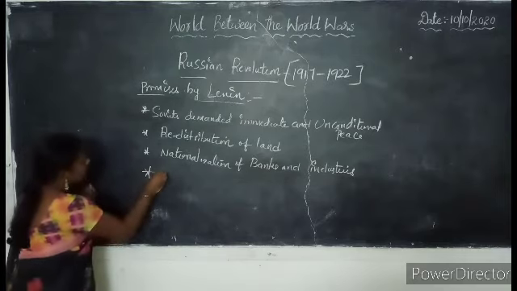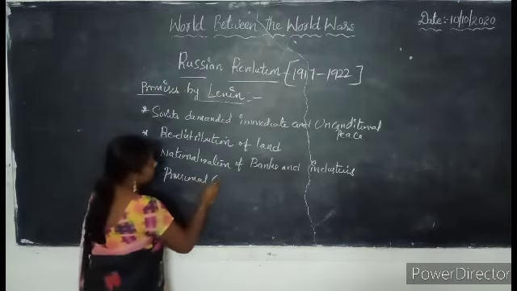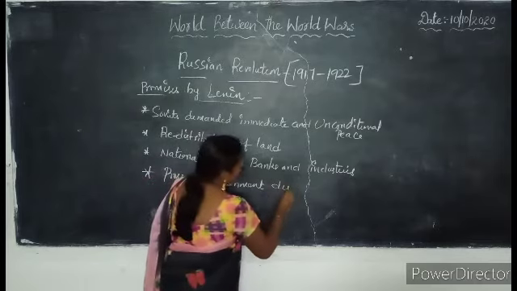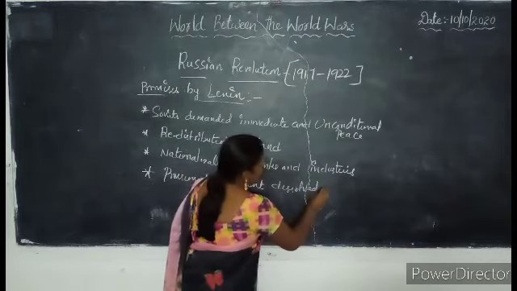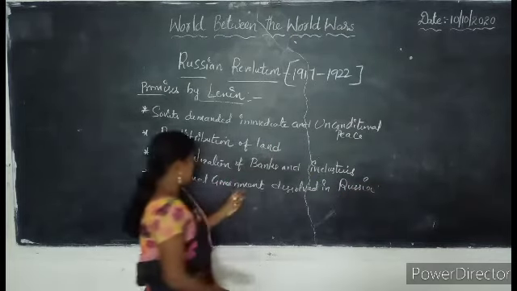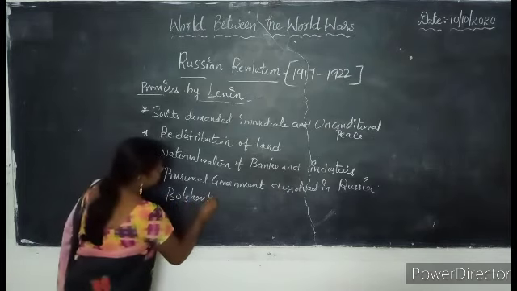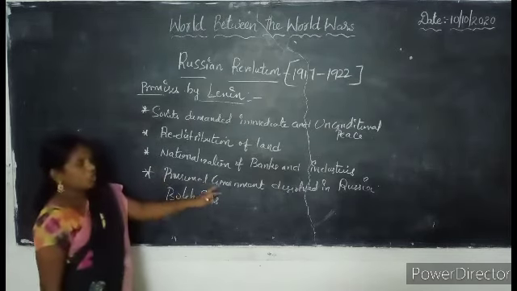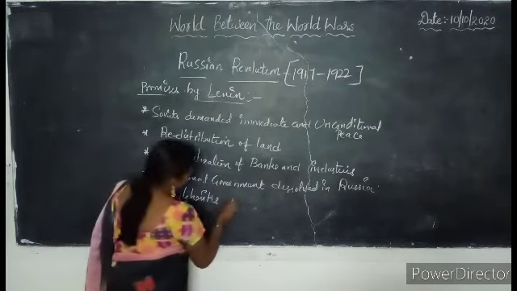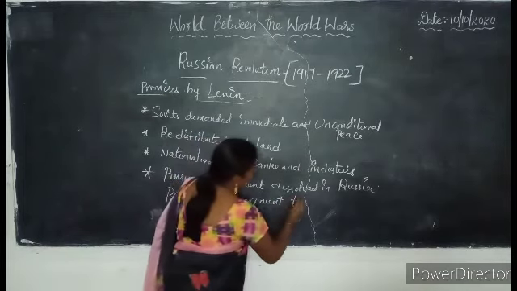So the provisional government was dissolved in Russia. Now which government is there? The Bolsheviks government, formed by Lenin.